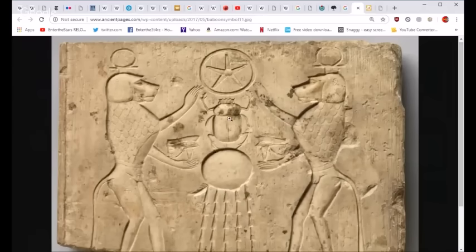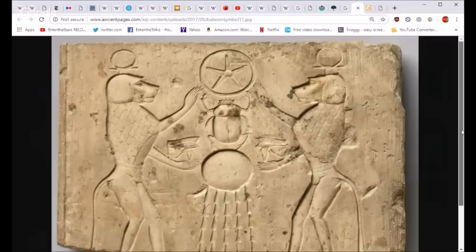Now, of course, here's the beetle, okay? The dung beetle, which they believe pushed the ball of the sun across the sky, across the horizon. Okay. But there's more to this, because this dung beetle actually flies, and they have images of this dung beetle with its wings out.